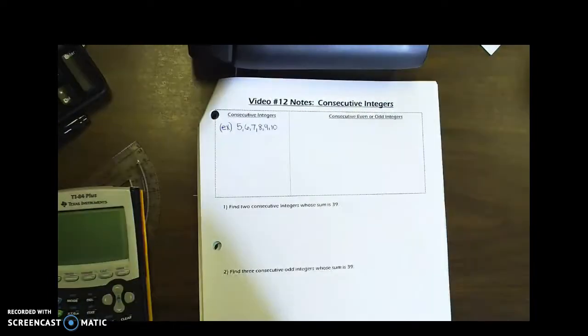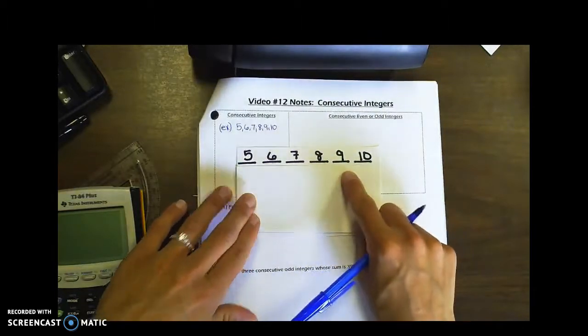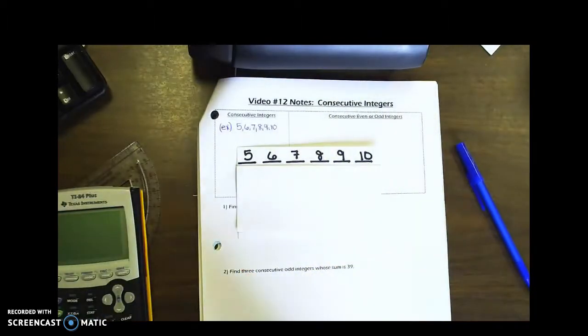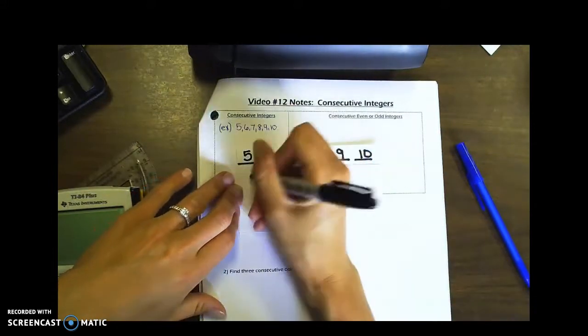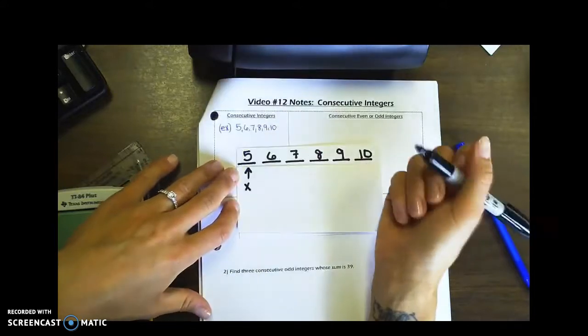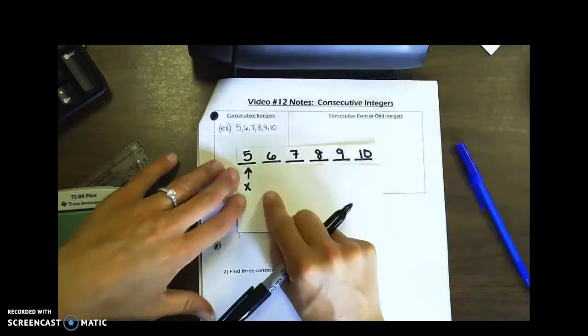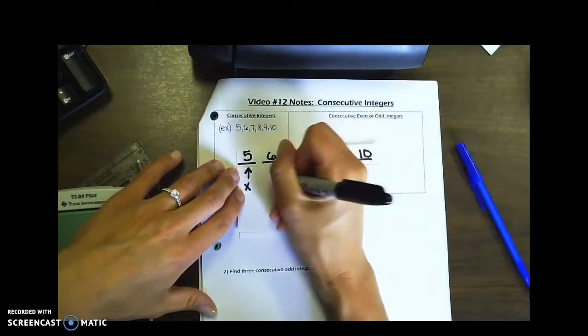Okay, so now to develop a word problem, these consecutive integers would be unknown to us. So let's say I had my consecutive integers and I needed to set up let statements. My first number would be x. So let's say 5 was actually the value of x. Well, to get to 6, what do you have to do to x, which is 5, to get to 6?